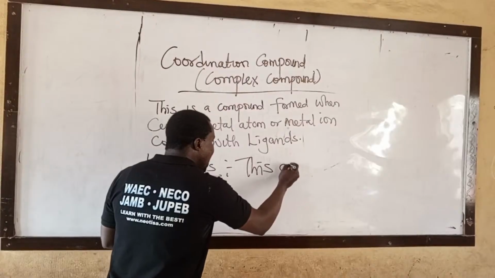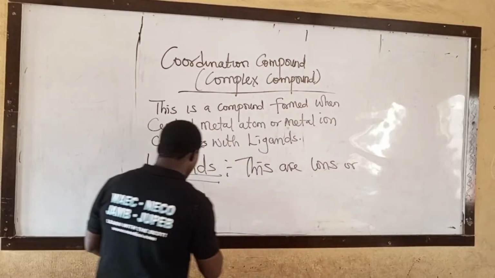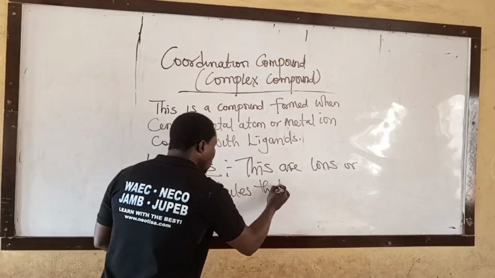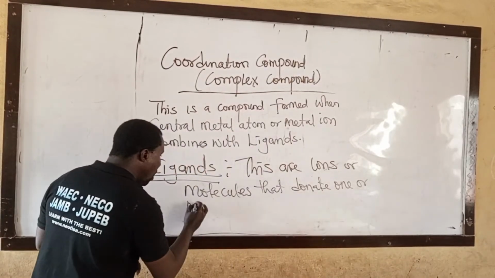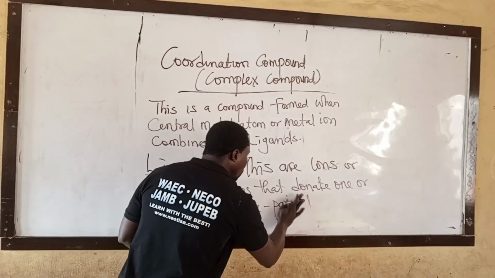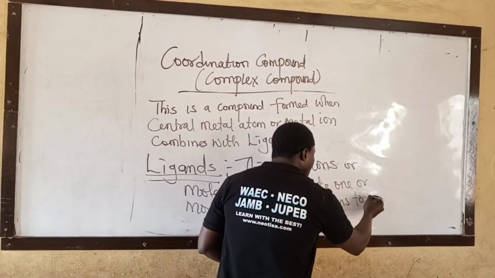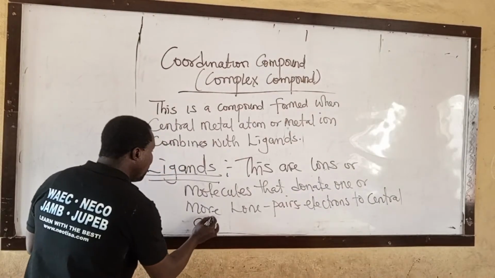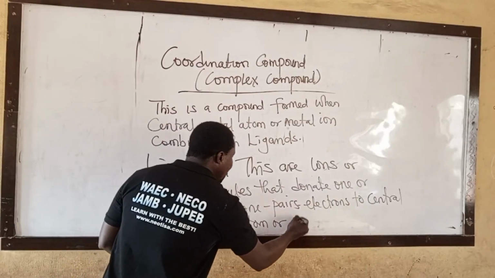Ligands are ions or molecules that donate one or more lone pair electrons to the central metal atom or metal ion.